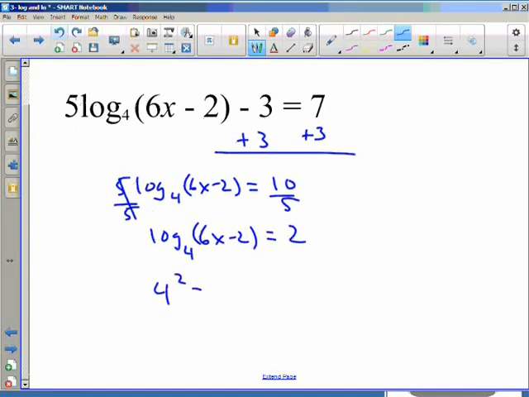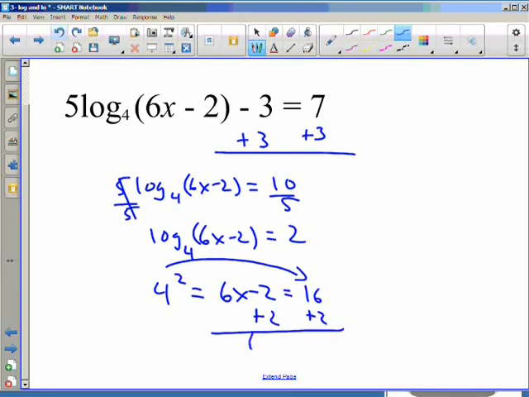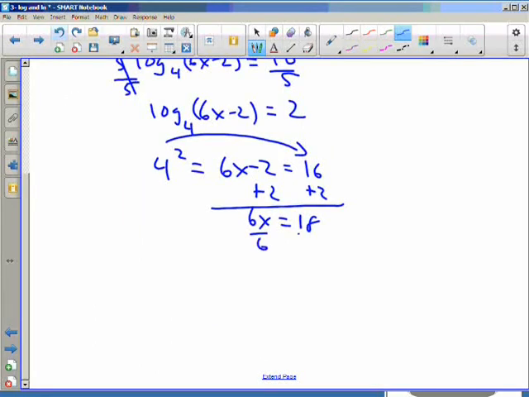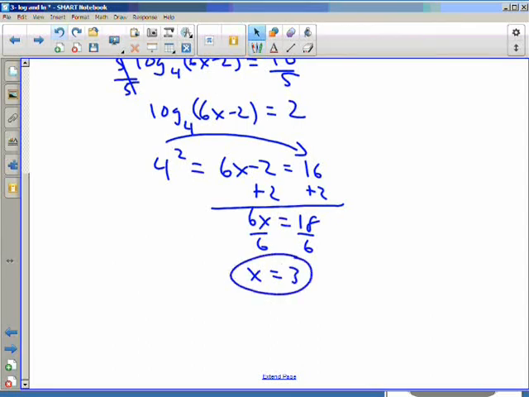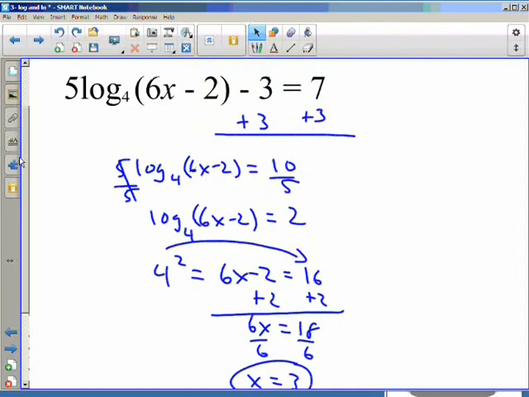So 4 to the 2 equals 6x minus 2. 16, add 2, divide by 6. And that is a positive value. Make sure it works in our solution here. 18 minus 2 is positive. We're good.